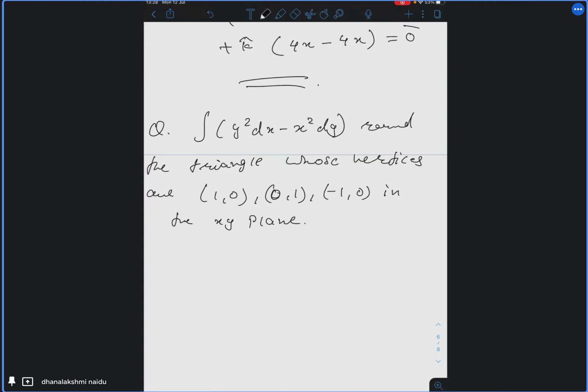It's already mentioned xy plane, that's why there is no z variable there. With dz you would have 0, z is 0, so dz is 0. Therefore in f bar dot dr bar you only have xy values here.